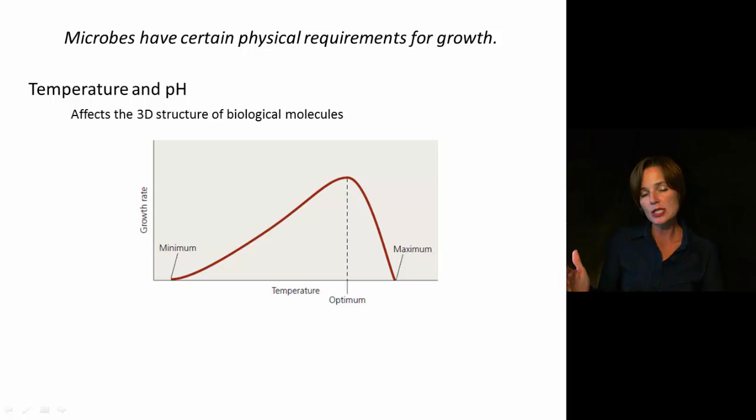After that maximum temperature, the organism would not survive, and then we also have a minimum temperature where below that, it's not going to survive either. We can see that growth is a lot less once we get outside of the optimum, and the farther we get away from the optimum, we're going to have a lot less growth.